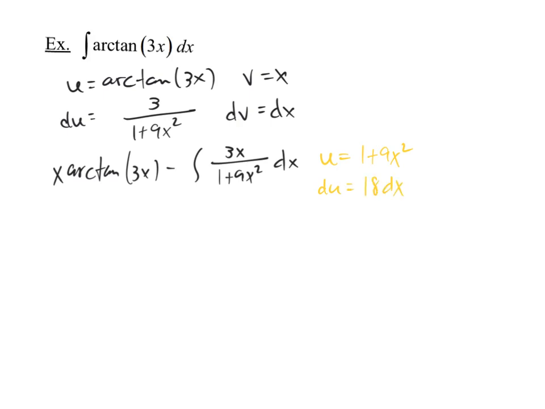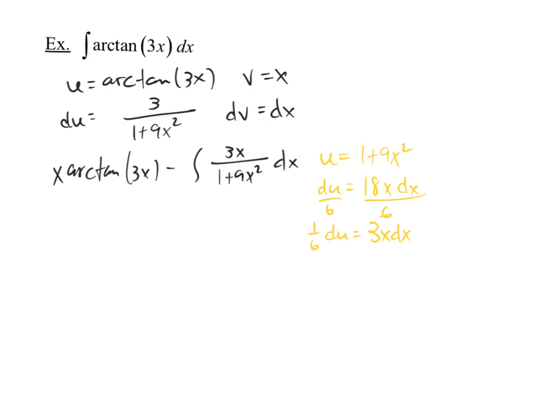Let me fix that there, 18x dx. And I have that in the numerator, except I don't have an 18, I have a 3. And so to get my 3, I'm going to divide both sides of this by 6. And so that would give me 1/6 of du is going to equal 3x dx.